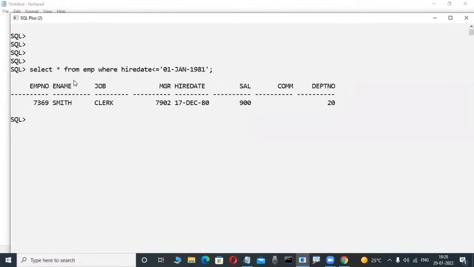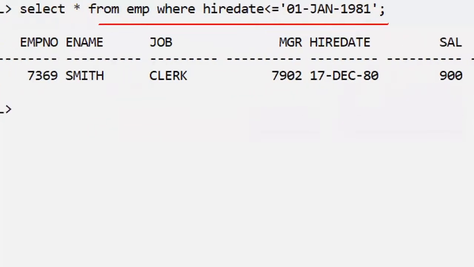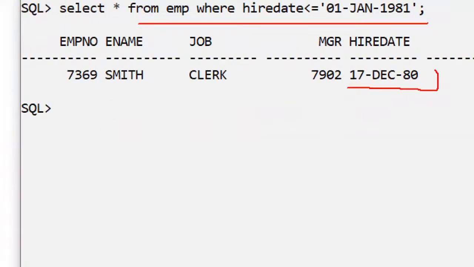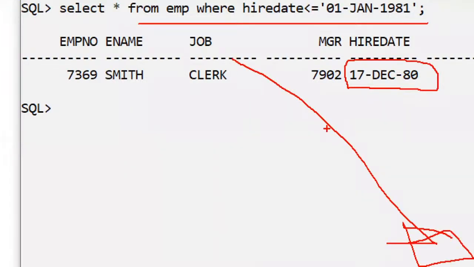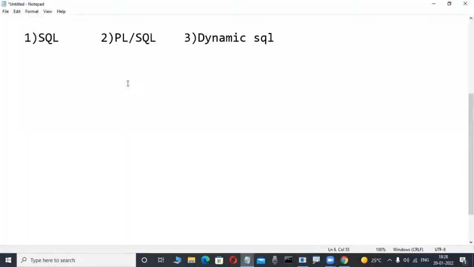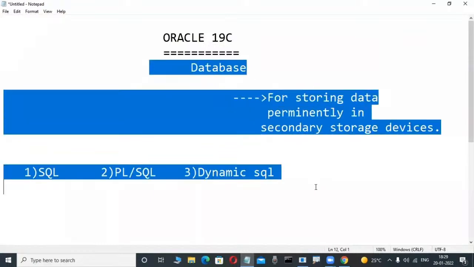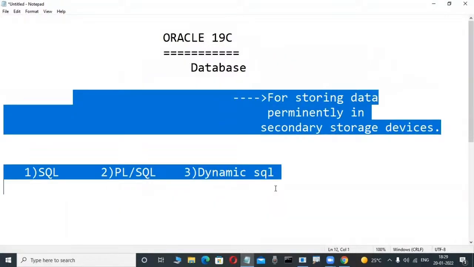Just by writing the query, the data is displayed automatically. With a single line of coding, the employees who joined before 1981 are retrieved from the database. That's why efficient data retrieval is most powerful, and it is possible only through these databases and these languages.